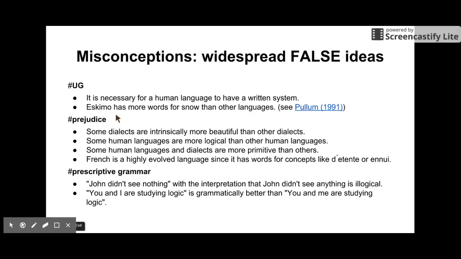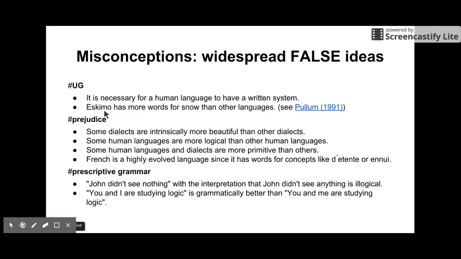And the second one, this one is interesting. Eskimo has more words for snow than other languages. Um, this statement is false. Actually, Eskimo has no more words for snow than any other languages.